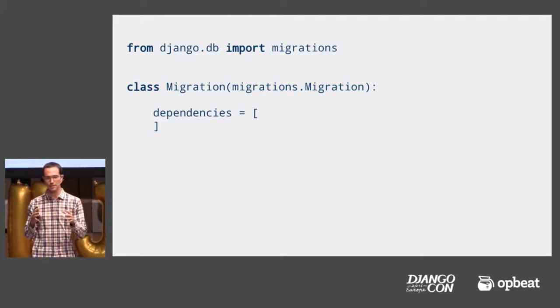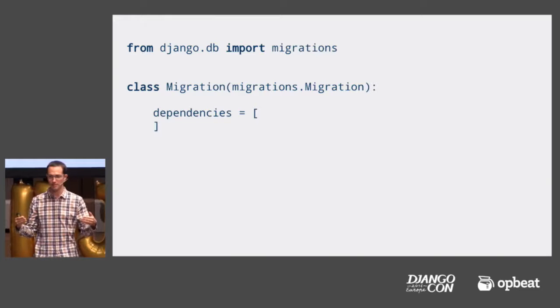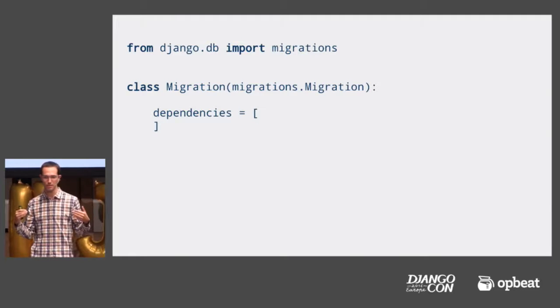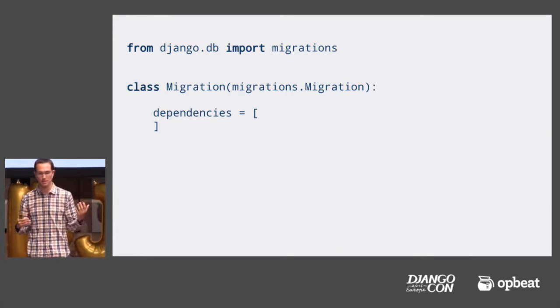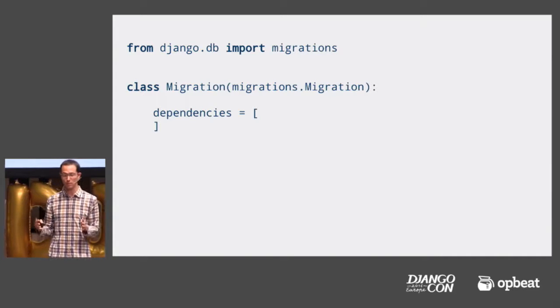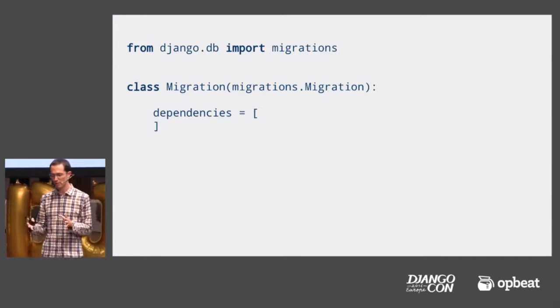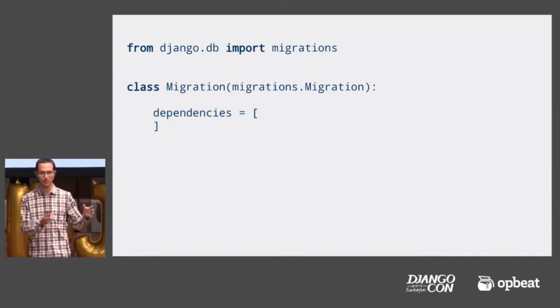So let's take a user and a profile, and they correspond to 2 tables in the database. And when the profile refers to a user, on database level, you have to have a foreign key there, and to create a foreign key, this table needs to exist. So a dependency for the profile migration would be to depend on the user.